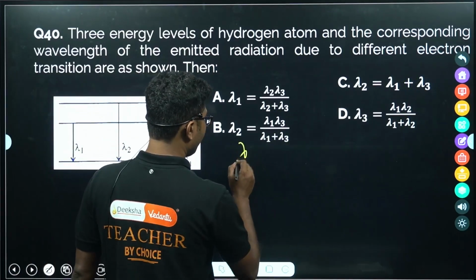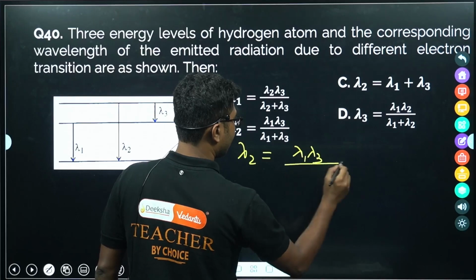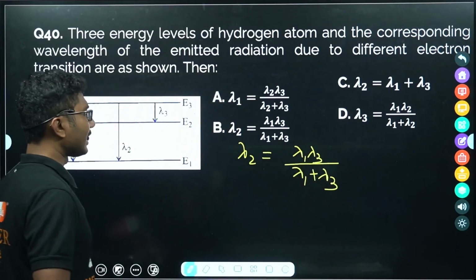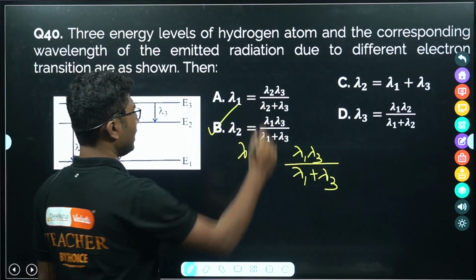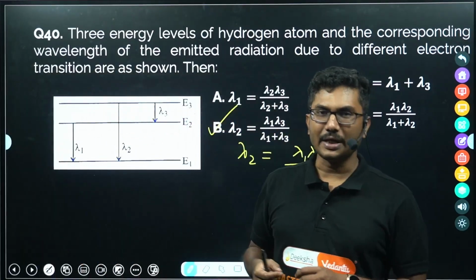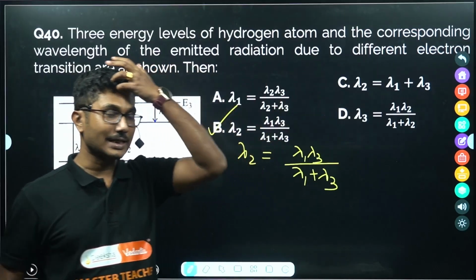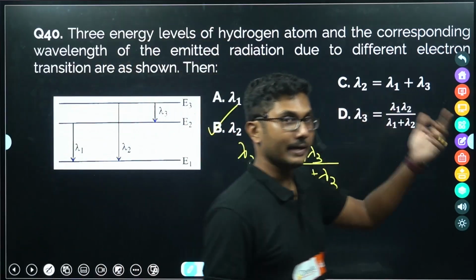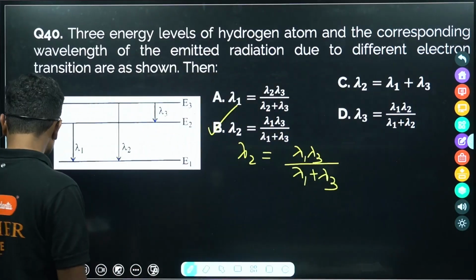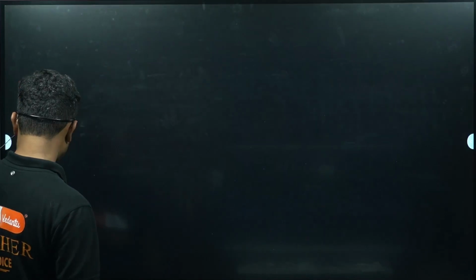So lambda 2 becomes lambda 1 lambda 3 divided by lambda 1 plus lambda 3. Right. So what is the correct answer? Then this is the correct answer. So you have to be careful what you are achieving, how you are achieving. This is the hint: everything is plus, that means there would be no negative, so you have to make everything plus, right? Now let's move on to the next part.